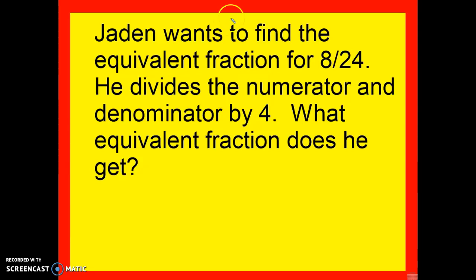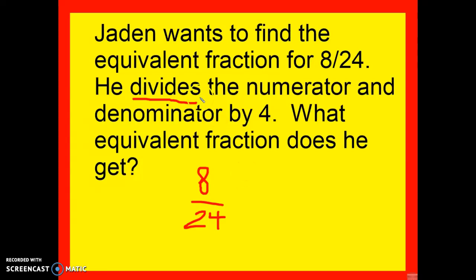Okay, the third style problem you're going to see says Jaden wants to find the equivalent fraction for 8/24. He divides the numerator and denominator by 4. What equivalent fraction does he get? So in the last one, you are multiplying to find an equivalent fraction. This one, you're dividing. So I have 8/24. Best way to do it is write it out vertically.